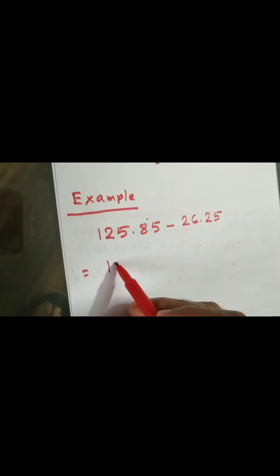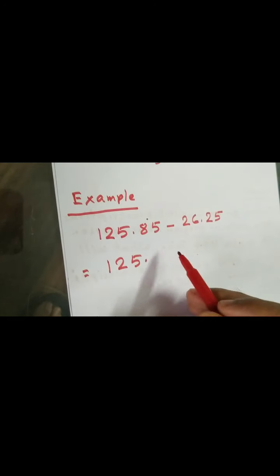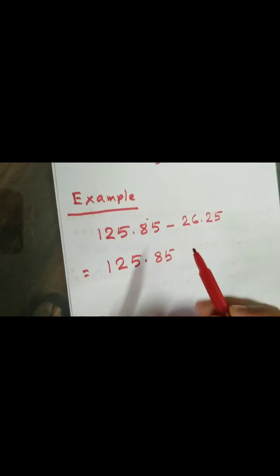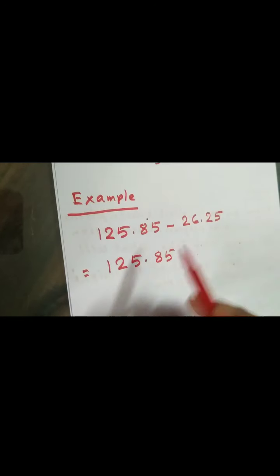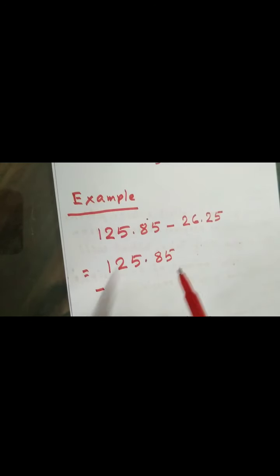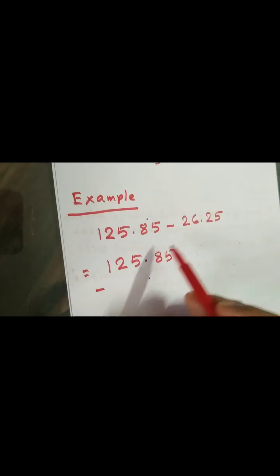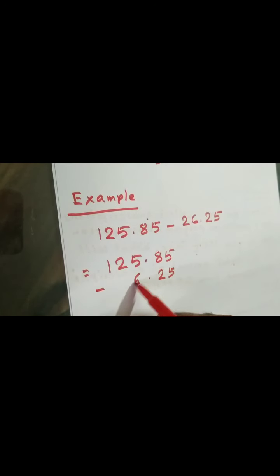At first, I will have to write these two numbers in vertical fashion. So first comes 125.85. Then just below that, 0.85 and 0.25, so they will come beneath it. 6 will come below 5. 2 will come below the previous 2. And there is nothing below 1, so we will assume that there is a 0.